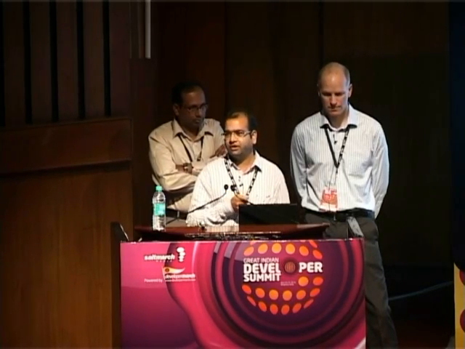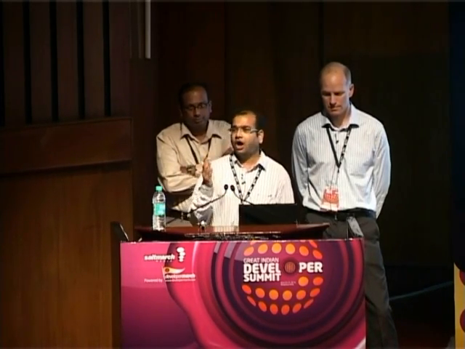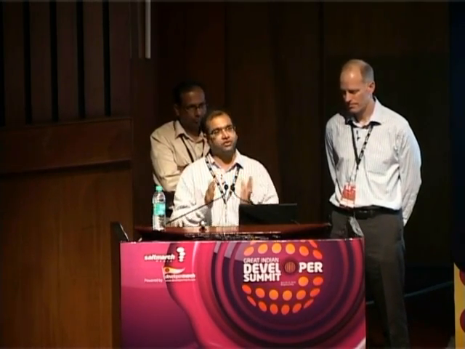So what FitNesse does, it interprets the wiki markup that has been provided on the web page. It executes the fixtures which are written by the developers, and the output of your code is visible to the users. So suppose the user is expecting a particular thing, then when you run, the results are very deterministic. If all of your test cases pass, then you will see a green light.